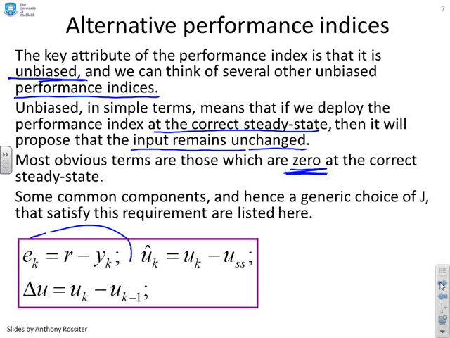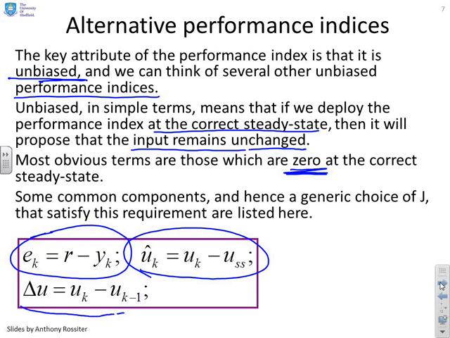Clearly, you have the tracking error itself. If you're at the correct steady state, the tracking error is 0. You have the deviation in the input, so how far are you from the correct steady state value of the input, but you also have this extra term down here, which is the rate of change of the input. So you see delta U is defined as U_k minus U_{k-1}, and clearly, if you're at steady state, you're not expecting the input to change, you would expect this term also to be 0.